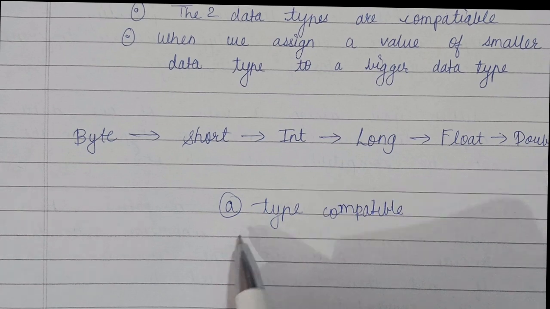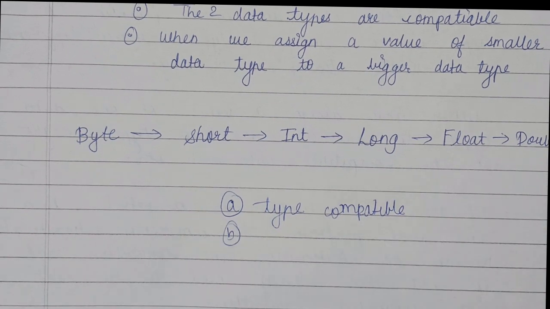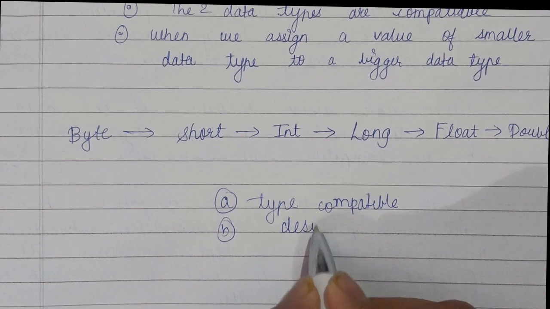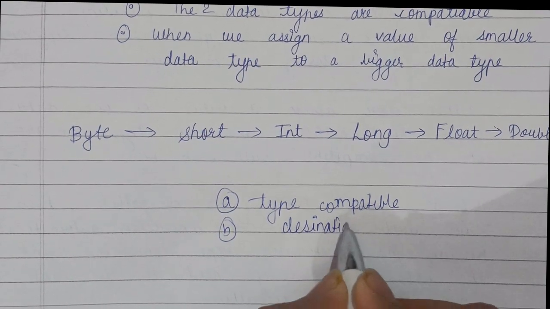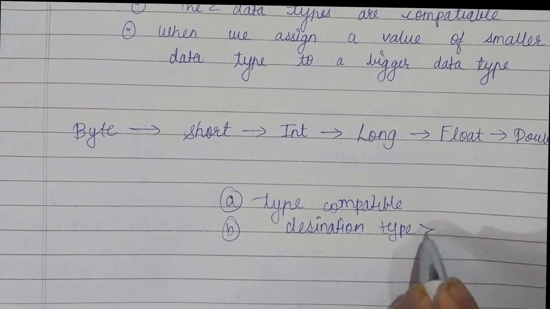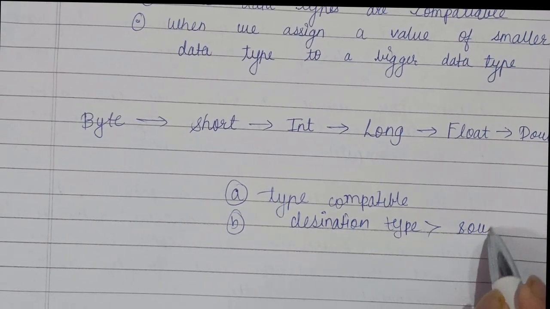And second, the destination type should be greater than the source type.